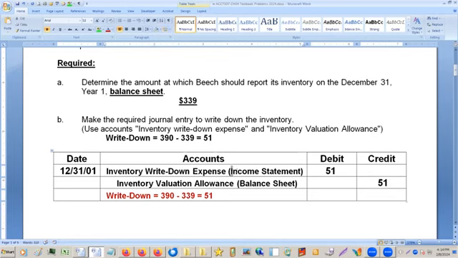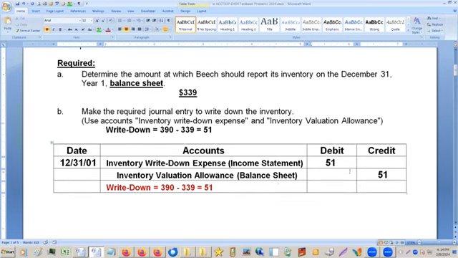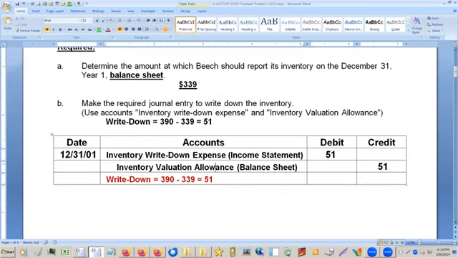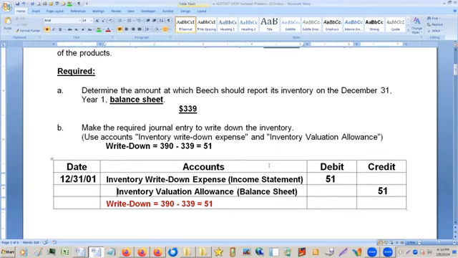So the income statement will have an expense of 51, the lost $51, and we'll also write down our inventory. This would be an allowance account. Okay, and so that'll be our write down.